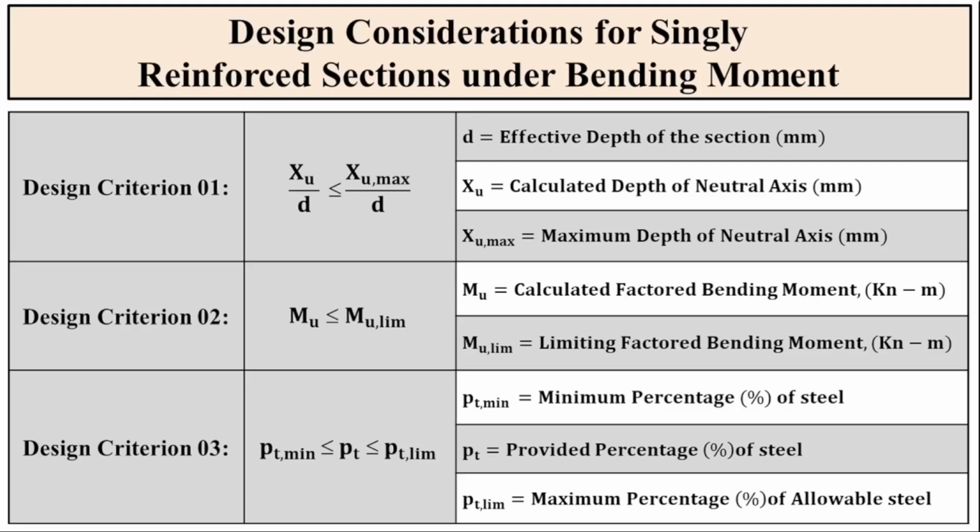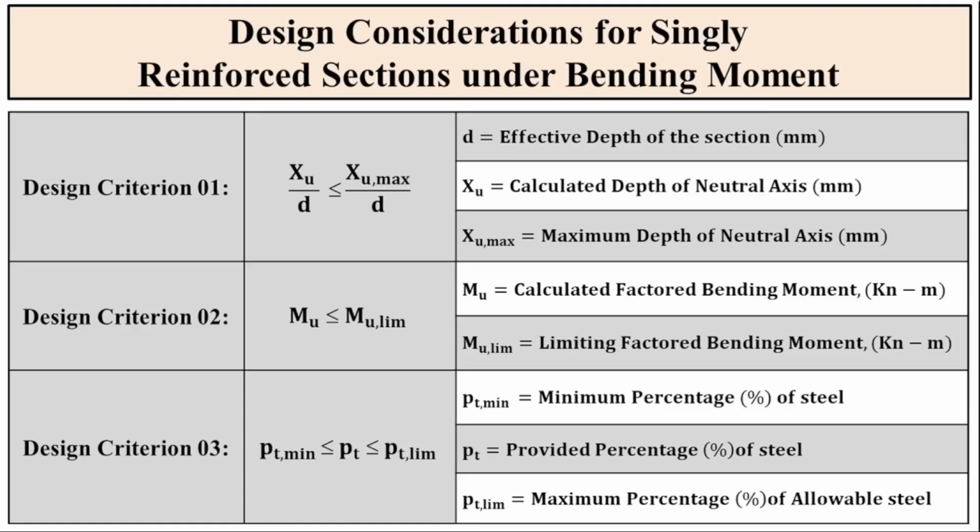We compare the ratio of XU to the effective depth D with the maximum allowable ratio, XU max divided by D. This ensures ductile failure. XU is the calculated depth of the neutral axis, in millimeters. XU max is the maximum allowable depth of the neutral axis, in millimeters. D is the effective depth of the section, in millimeters.